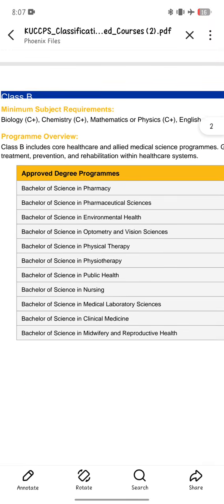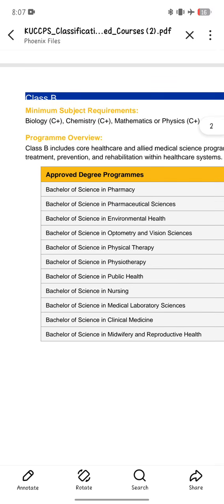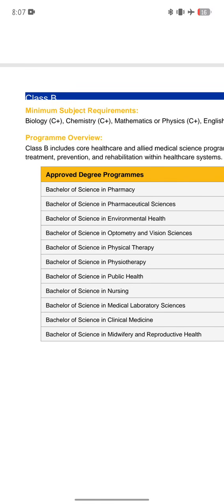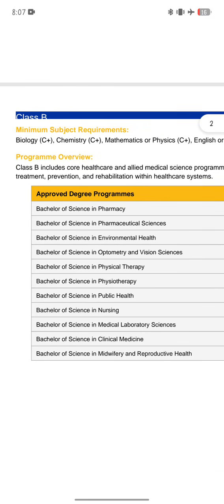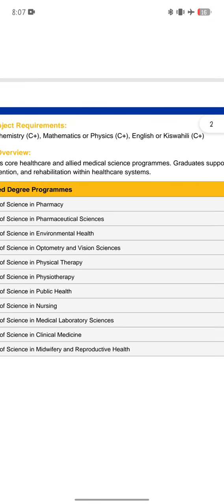I have some concerns because most students tend to think that they can pursue a certain course with maybe one subject lacking. Let's say in class B, there are courses which require you to have biology C+, chemistry C+, mathematics or physics C+, English or Kiswahili C+.